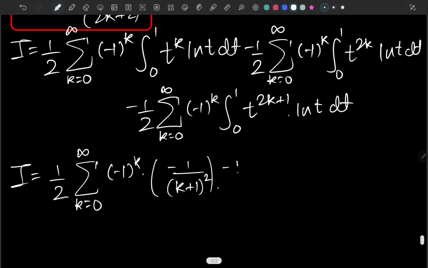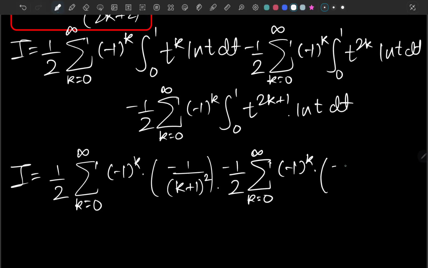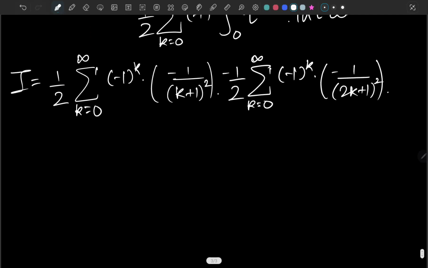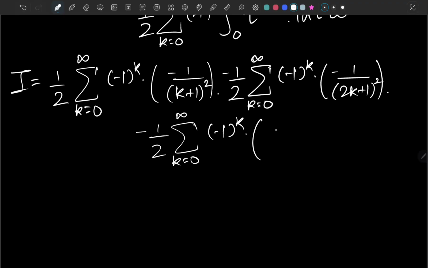And now the second one is the sum as k goes from 0 to infinity of negative 1 to the k, evaluated at 1 over 2k plus 1 whole squared. And finally this one, 1 over 2 the sum as k goes from 0 to infinity of negative 1 to the k, times negative 1 over 2k plus 2 whole squared.